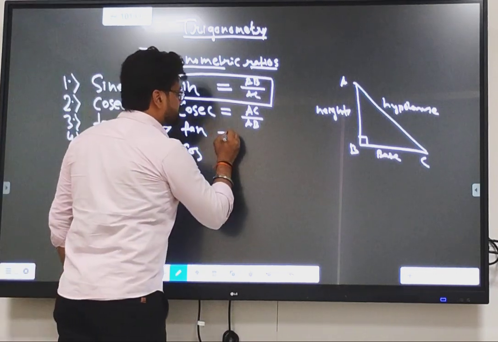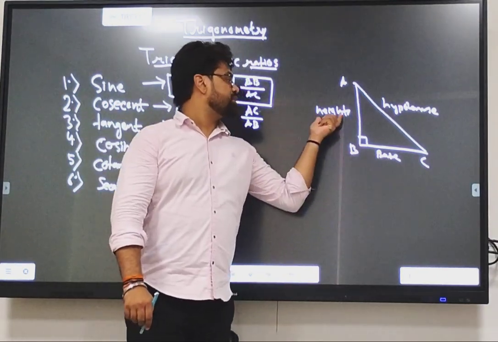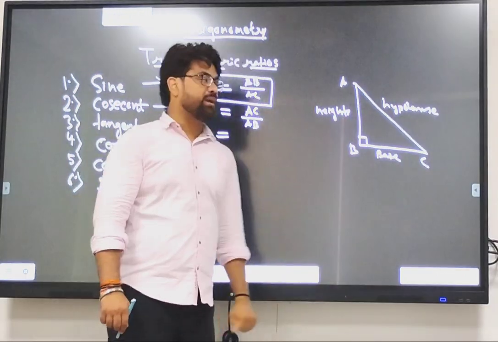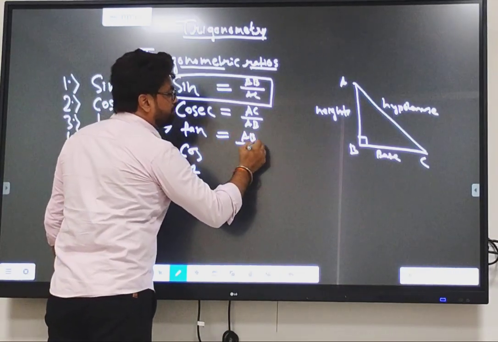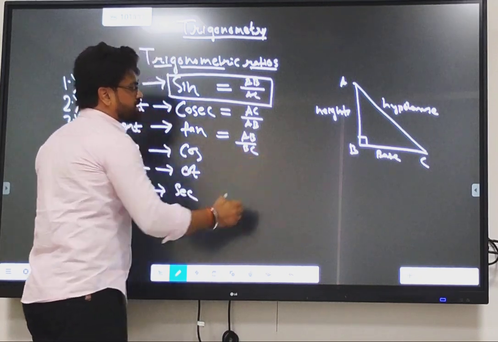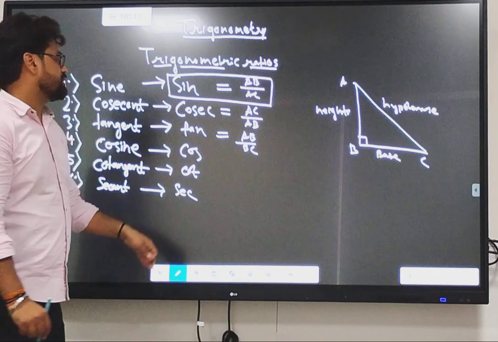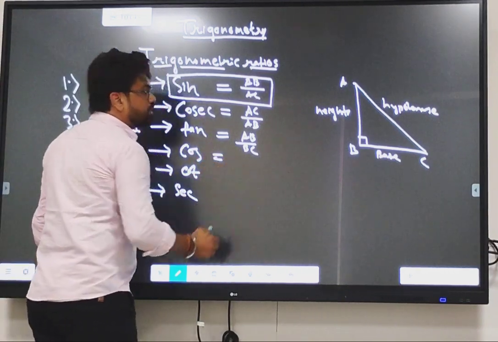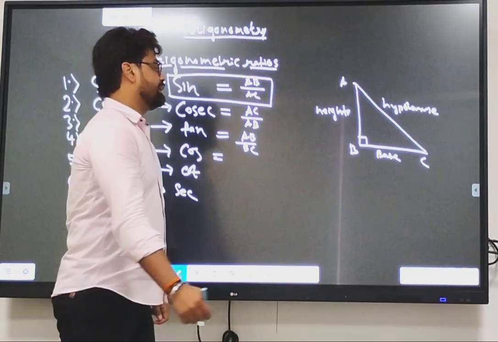Tan is the ratio of height and base, so that can be taken as AB upon BC. So we have these three ratios. Now we have cos. Cos is equal to base upon hypotenuse for any right angle triangle.